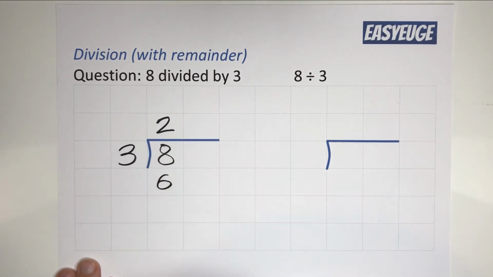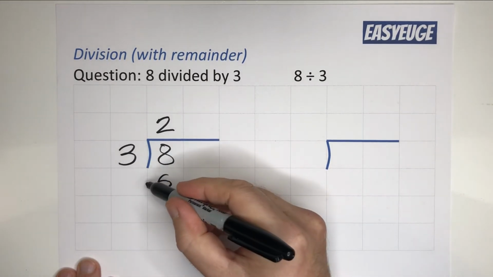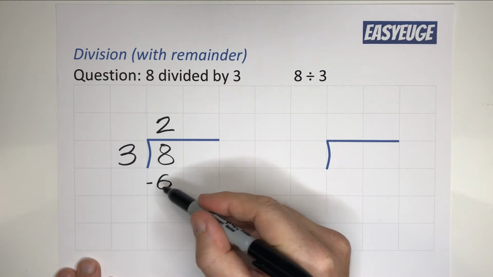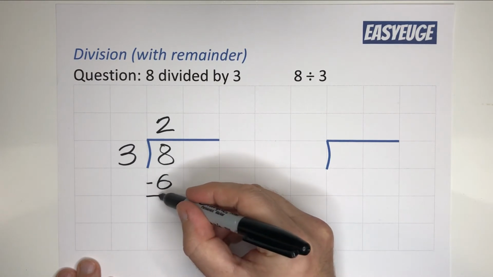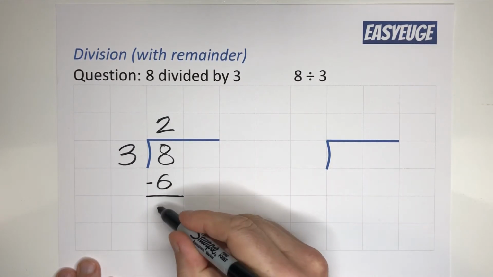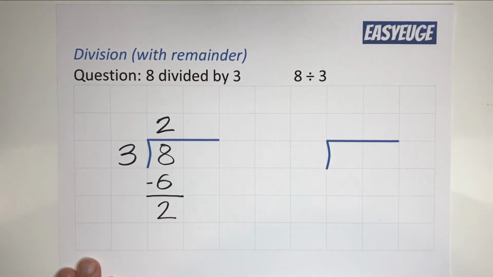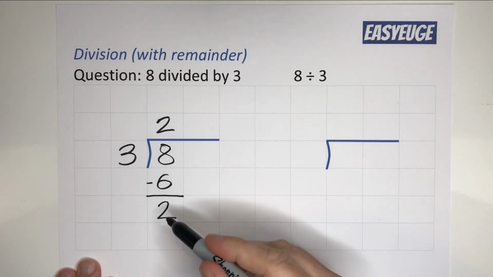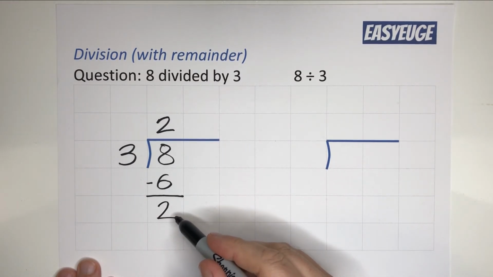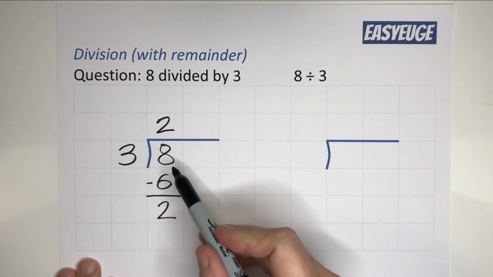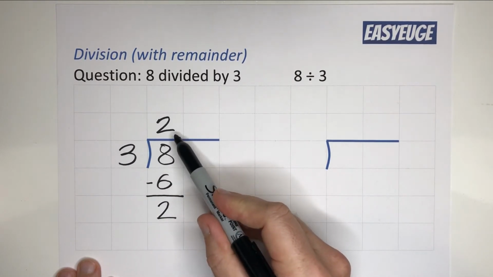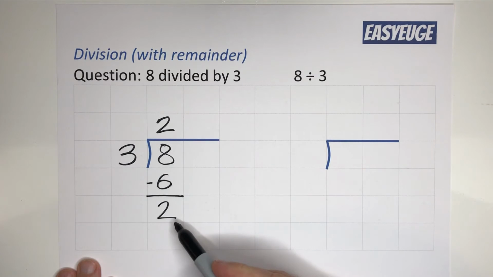So this is our check, and we'll subtract. 8 take away the 6, and we'll draw our answer line, is 2. And we have 2 left over. So 3 divided into 8 is 2 full times with a remainder of 2.